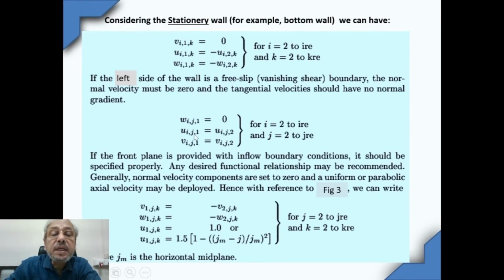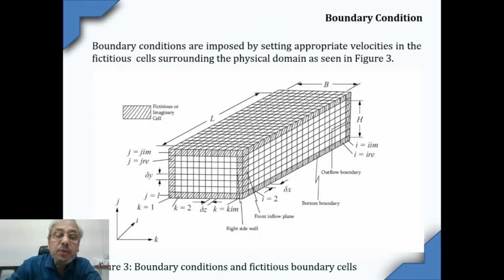Del u del z equal to 0 is deciding the u velocity boundary condition, and del v del z equal to 0 will dictate basically the boundary condition on v velocity, on the plane I equal to 2 to IRE, j equal to 2 to JRE, and k equal to 1.